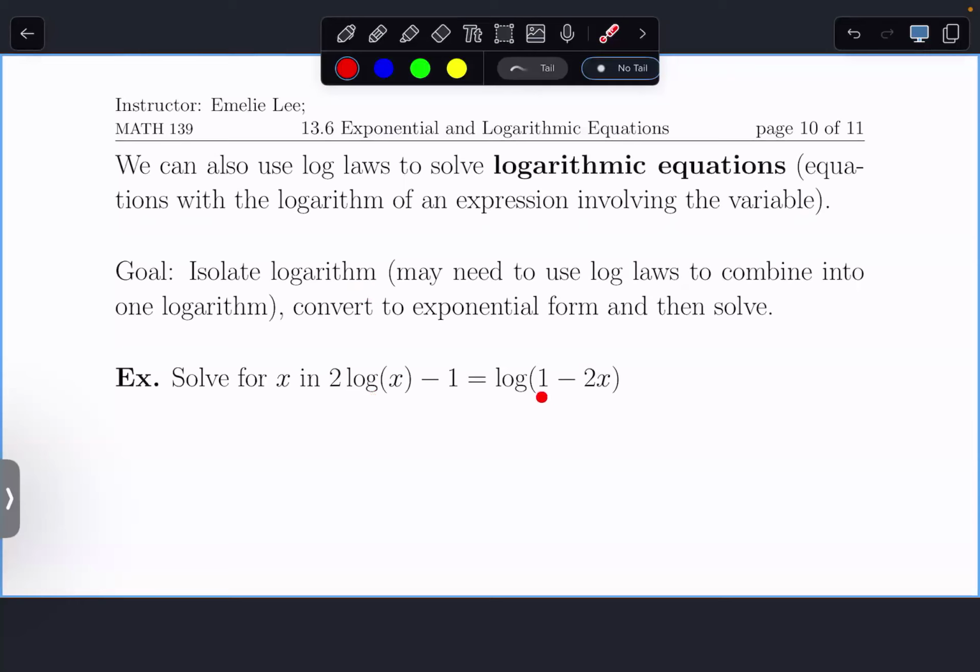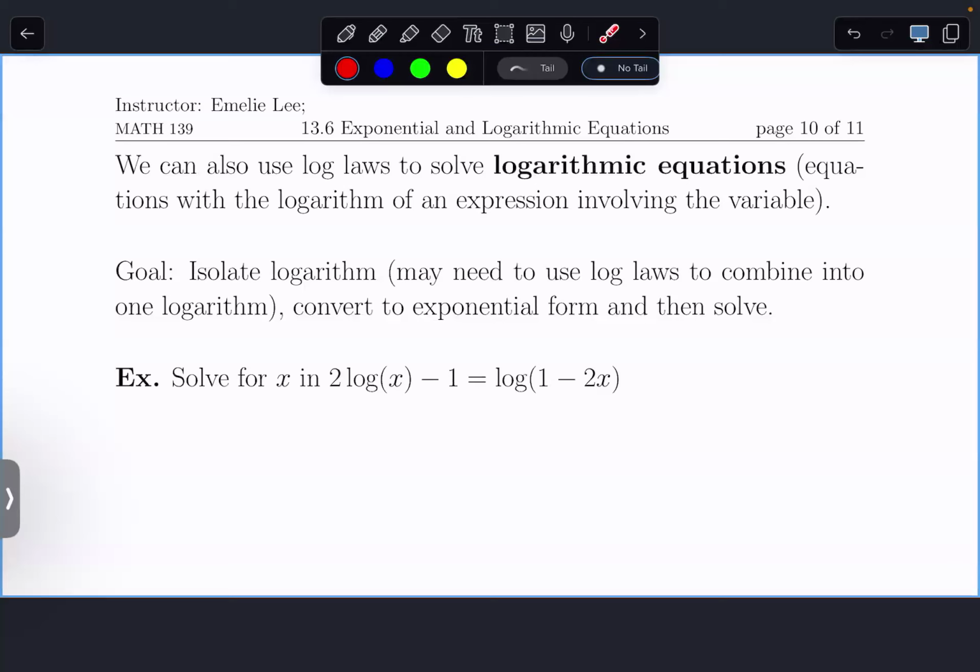What you're going to need to do is bring all the logs to one side and possibly simplify them into one log, and then bring all the non-logs to the other side. So isolate the logarithm, which you might need to convert into one logarithm, then convert into exponential form and then solve it.